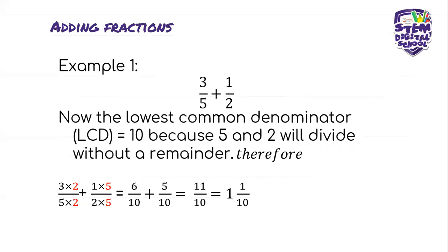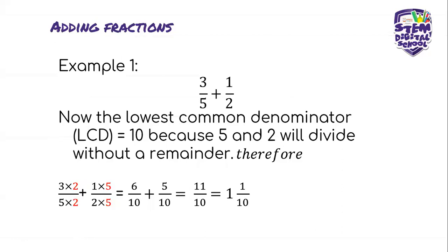If you look at this example 1 here, you can see that the lowest common denominator will be 10. As you can see here, we don't have the same denominators. The first fraction there, 3 over 5, the denominator is 5, and the numerator is 3. Remember that the numerator is the number at the top of your fraction, and the denominator is at the bottom.